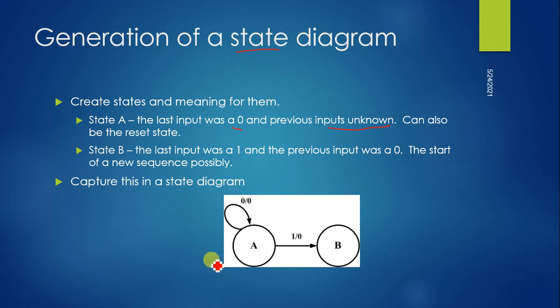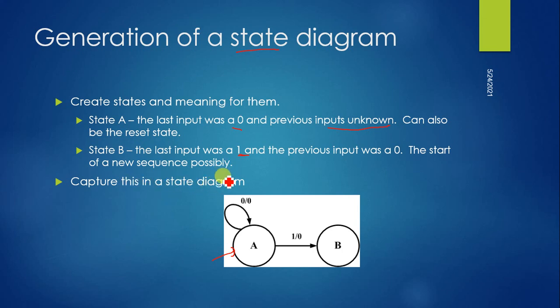A is represented as a circle in which A is written, that is called its state. Similarly, we have B, where the last input was 1 and the output was 0. The start of a new sequence possibly.